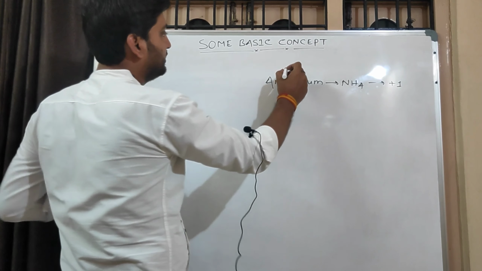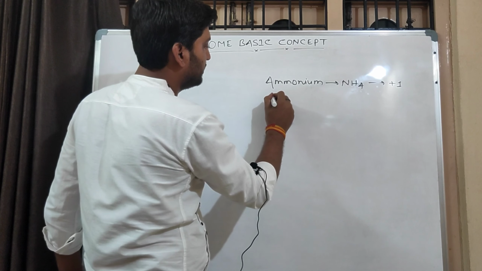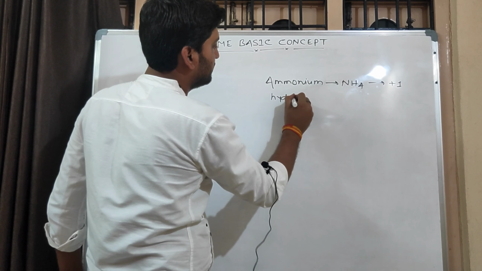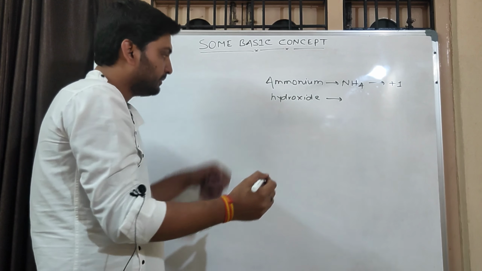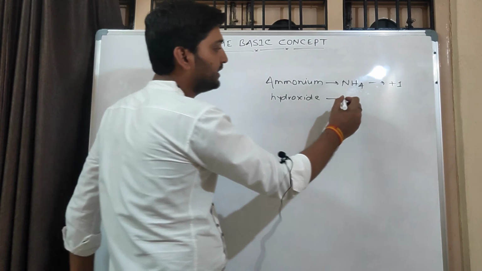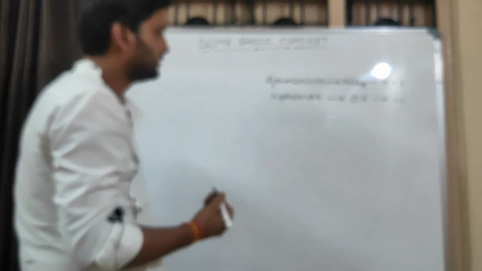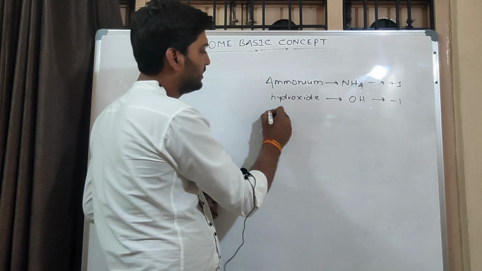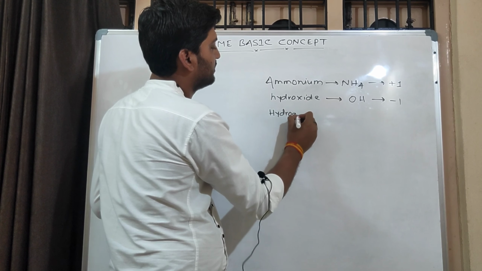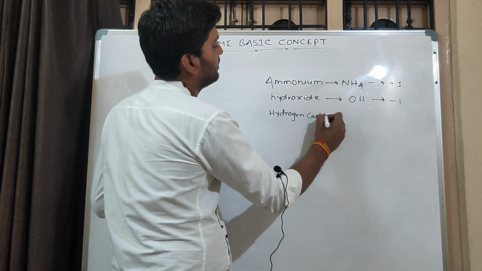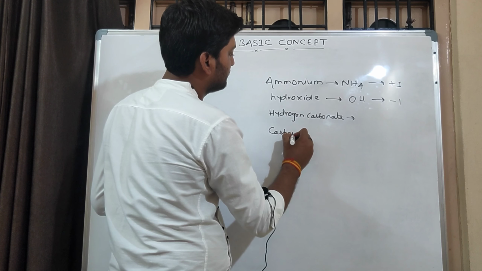This is a polyatomic ion. This is the symbol of it, and this is the valency. Second one is hydroxide, that is OH, valency is -1. Third, hydrogen carbonate. Fourth one is carbonate.